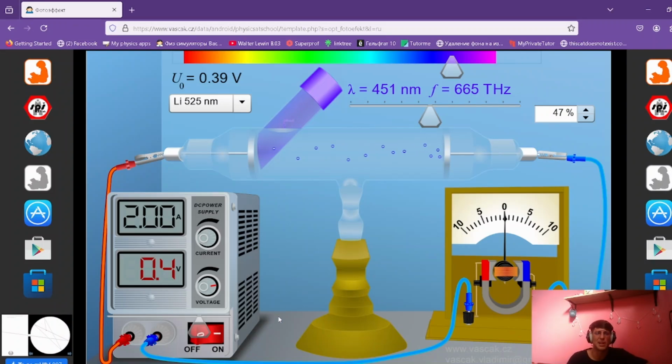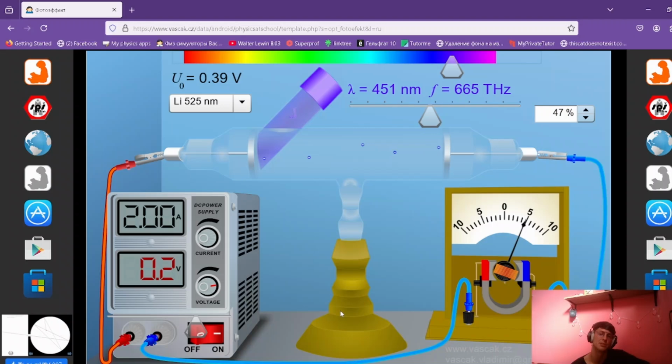And if we apply less than stopping voltage, for example 0.2 volts, yeah, we still have current in the circuit. But of course the kinetic energy of these electrons is not the maximum that they could have, because we anyway decelerate them. We decelerate them by this electric field.